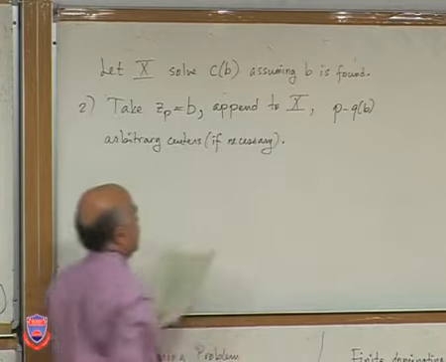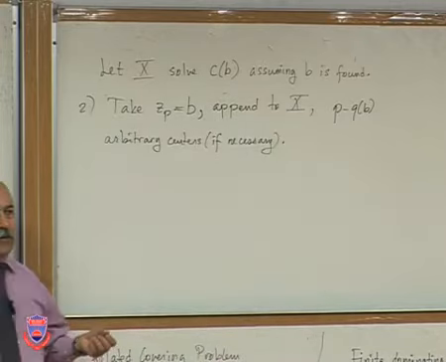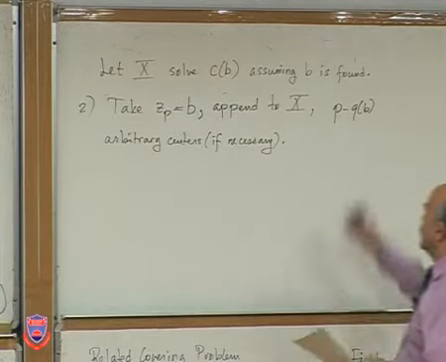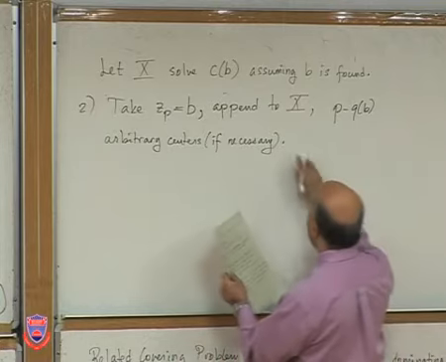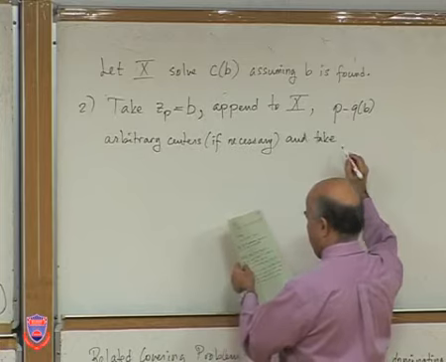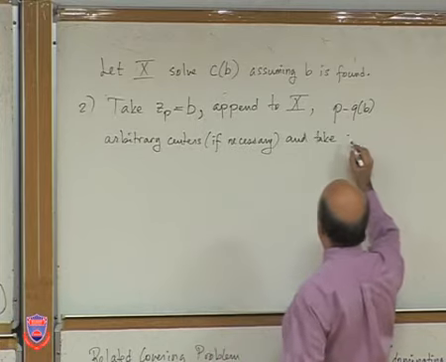If this is not necessary, in other words, if Q of B is already equal to P, then you don't do that. But if necessary, you just supplement it and take the resulting set of points as an optimal solution to the P-center problem.